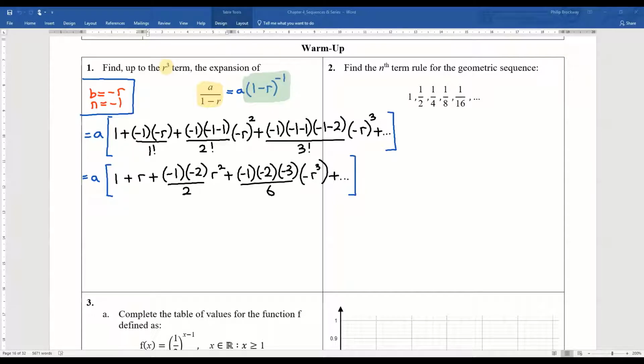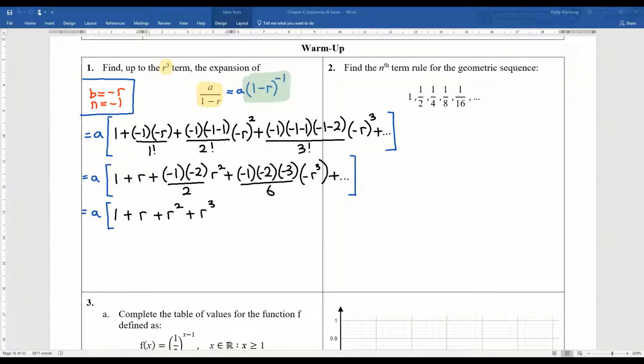Okay, let's do a little bit more tidying up. So this is going to be a multiplied by 1 plus r. Lots of cancellation here. This is just going to give us plus r squared. And we're going to have -6 on the top for the r cubed term. That's going to cancel with the 6, and 2 negatives make a positive, so that's plus r cubed.